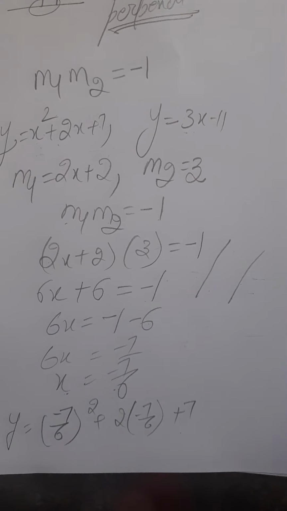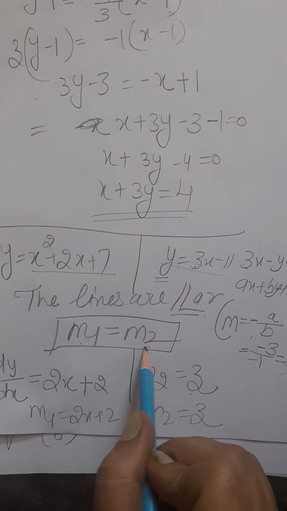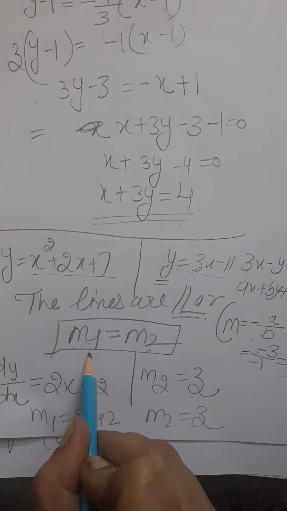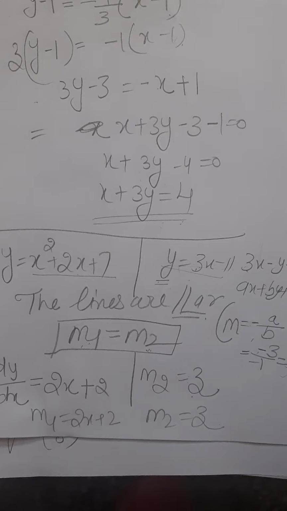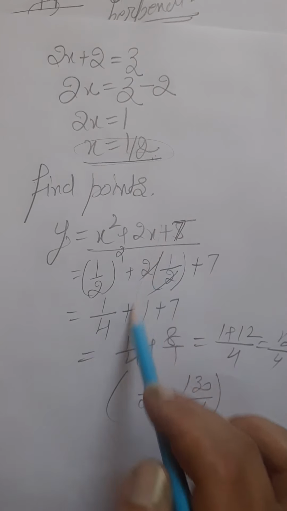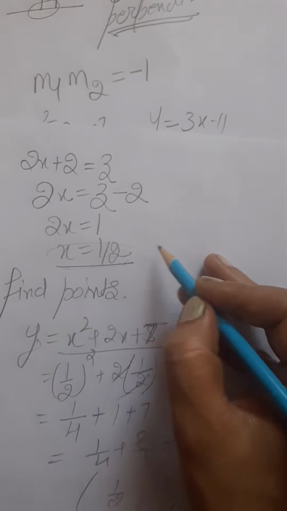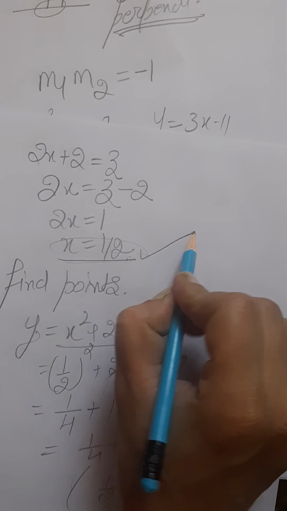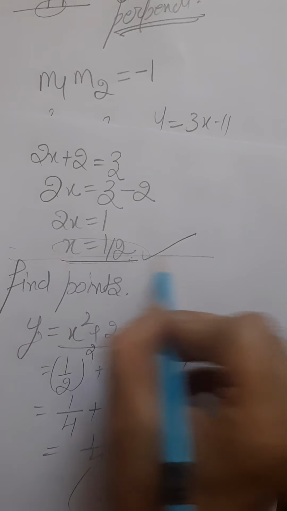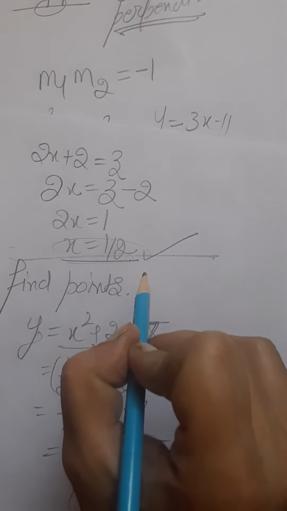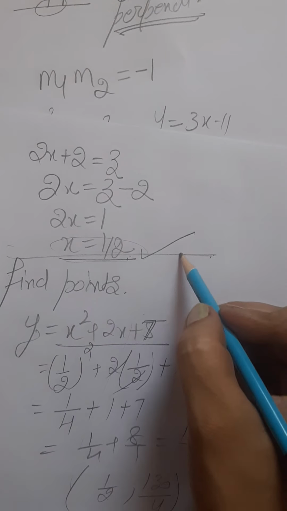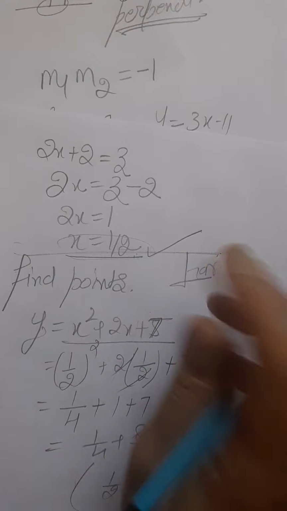When he says the lines are parallel, I repeat my point, we need not find the point of intersection, so this step is not necessary for this question and your question is finished at this point. We need to find the points when our lines are perpendicular.